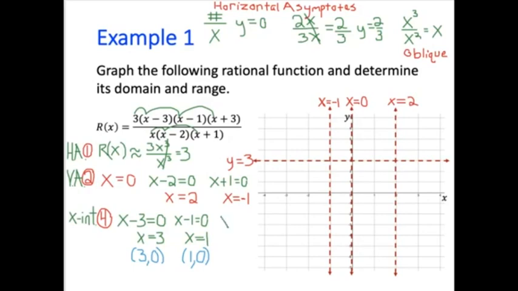And then my other factor is x plus 3, so I take x plus 3 and set it equal to 0. And so I'm going to subtract 3 from both sides, and I end up with x equals negative 3. So I'm going to have the point (-3, 0) as my x-intercept.